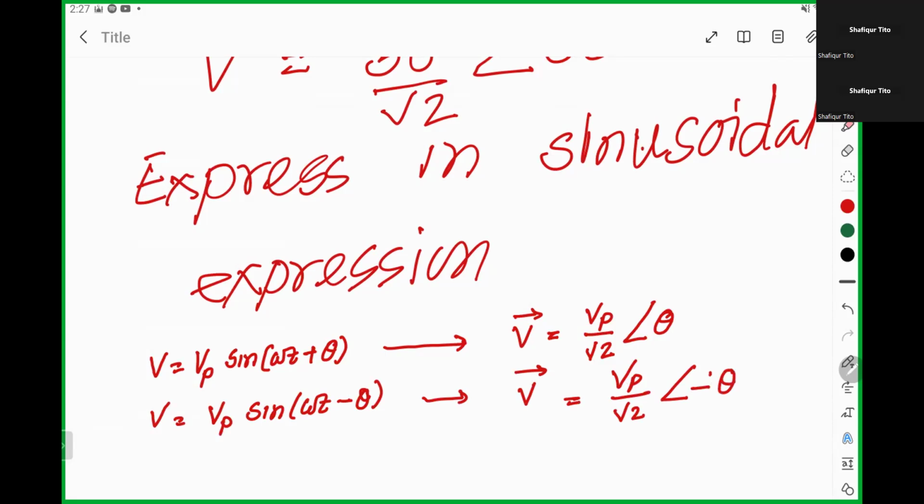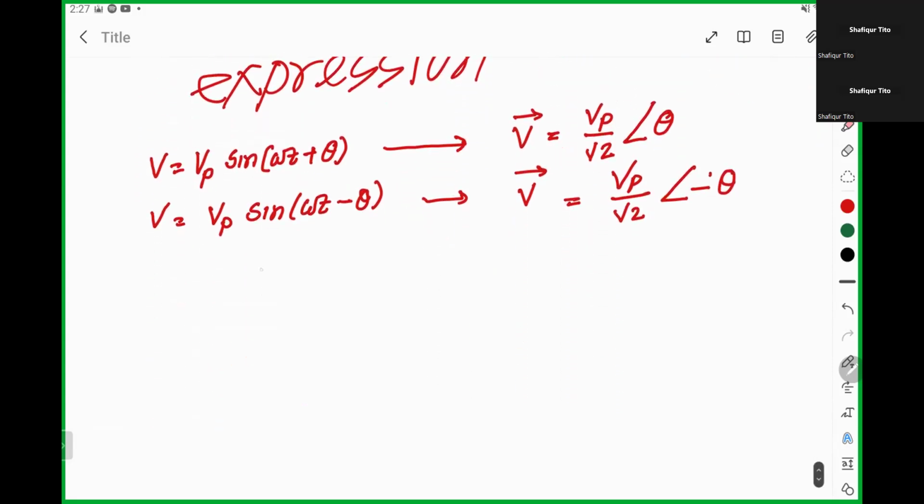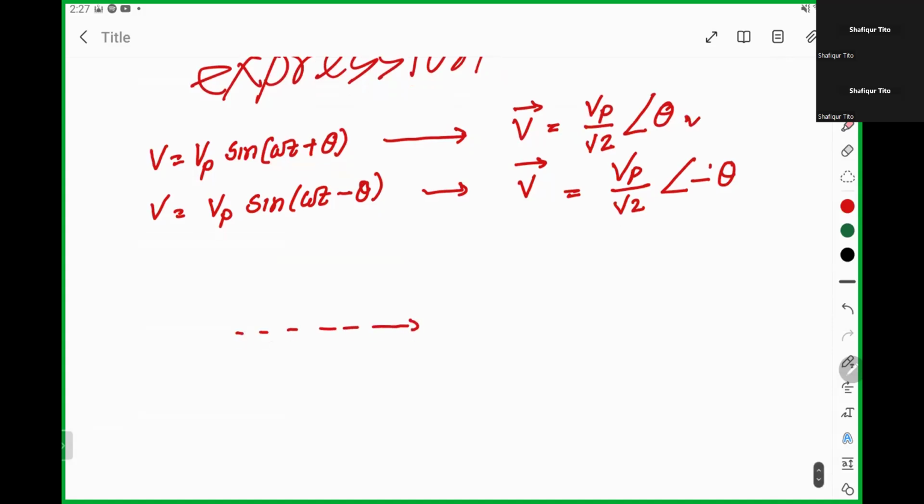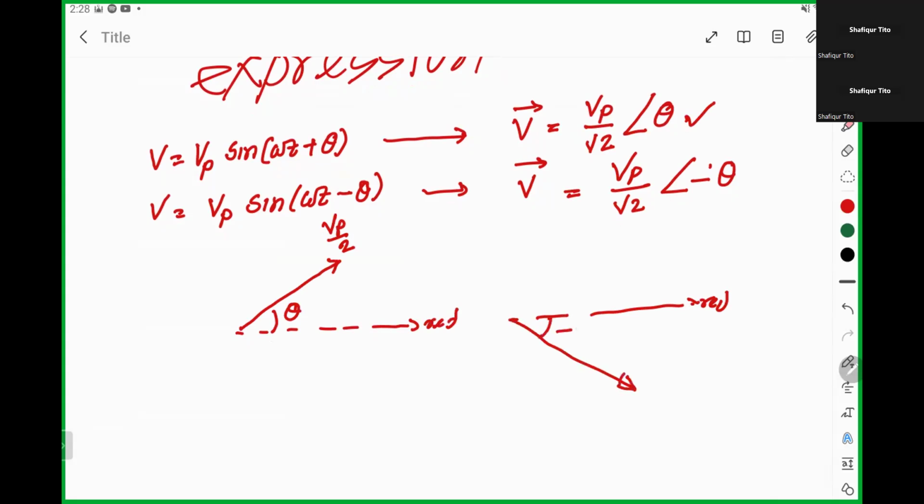If I draw this one, this is my reference. So this positive angle will be here. This is my Vp divided by root 2 and this angle will be theta. Now if it is negative, then this is my reference and this will be my angle. This will be minus theta in the clockwise direction and this will be Vp by root 2.